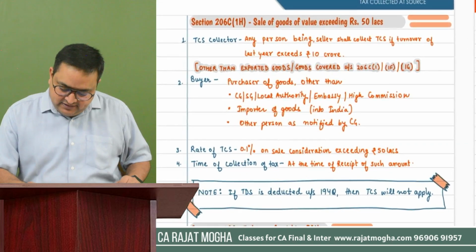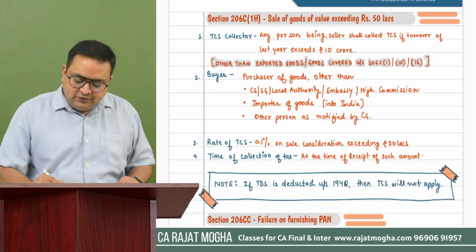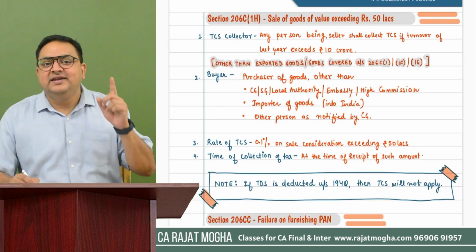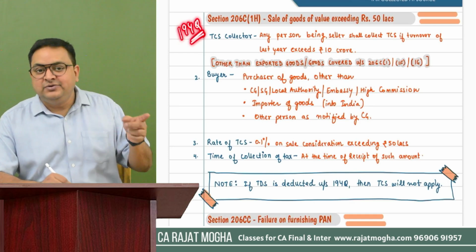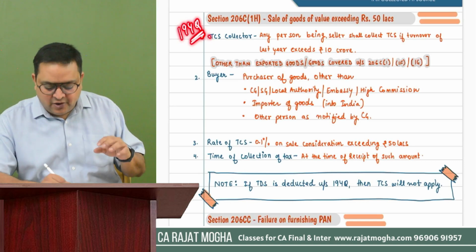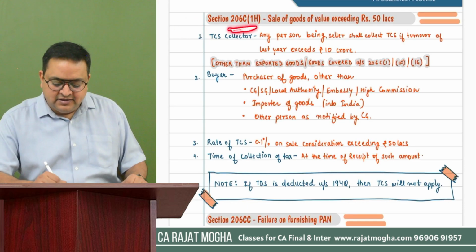Now there is another section. In fact, this is the last section of TCS formally, 206C1H. And do you remember there was a section in TDS also, 194Q, which I asked you to keep pending? We will do it with TCS. So now I'll be discussing both these sections, 194Q and 206C1H.